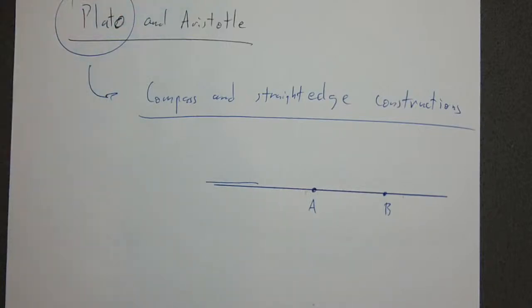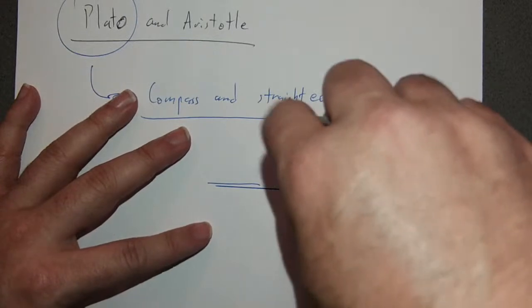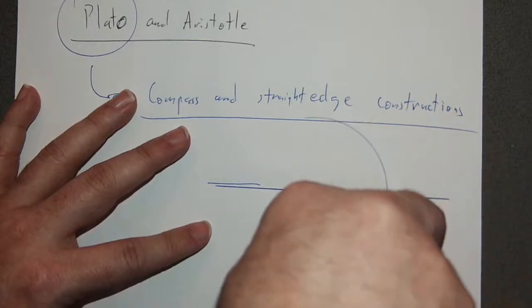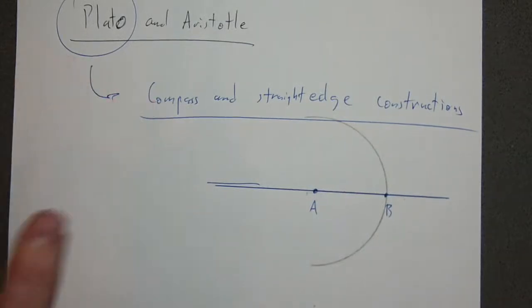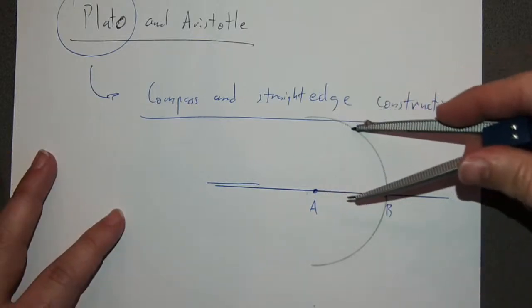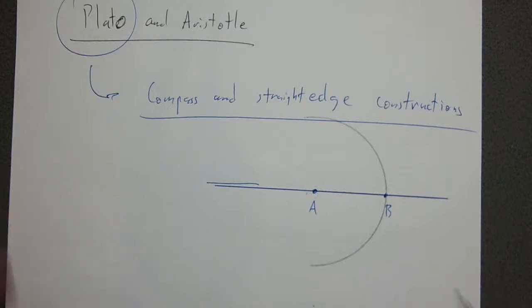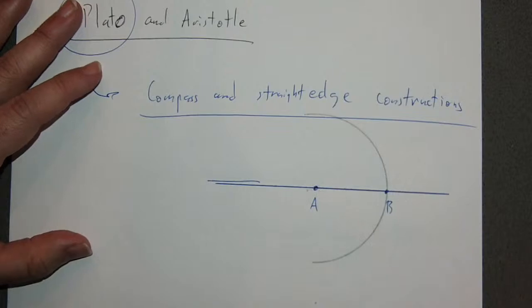Now, you might say you can use this to trace out a circle, but what are you really doing when you do that? You are saying that every point on this curve that you're tracing out is exactly this distance from A. A is the center of that circle.